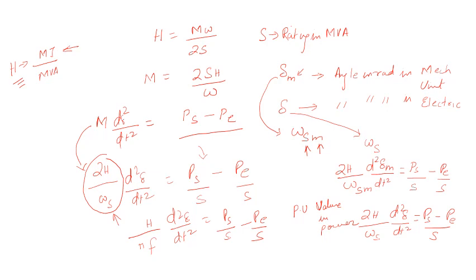If it is in degrees, since this equation is in radians, you can replace pi with 180, so H upon 180 f d square delta upon dt square equals Ps upon S minus Pe upon S.